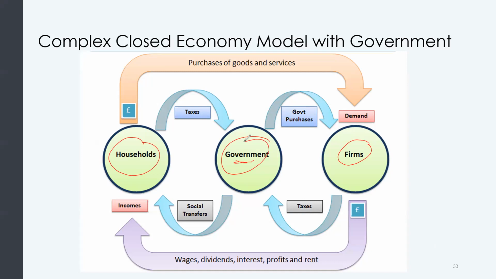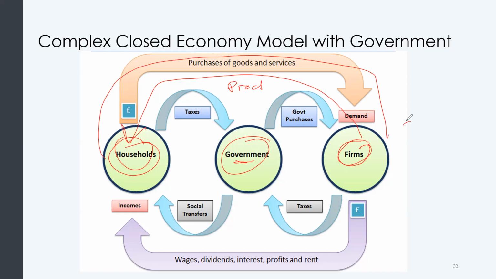We still have companies that produce goods and services, right? They produce goods and services. And these goods and services are purchased by the households. So the companies produce goods and services. That's production. And the people spend their money on these goods and services. That's spending.